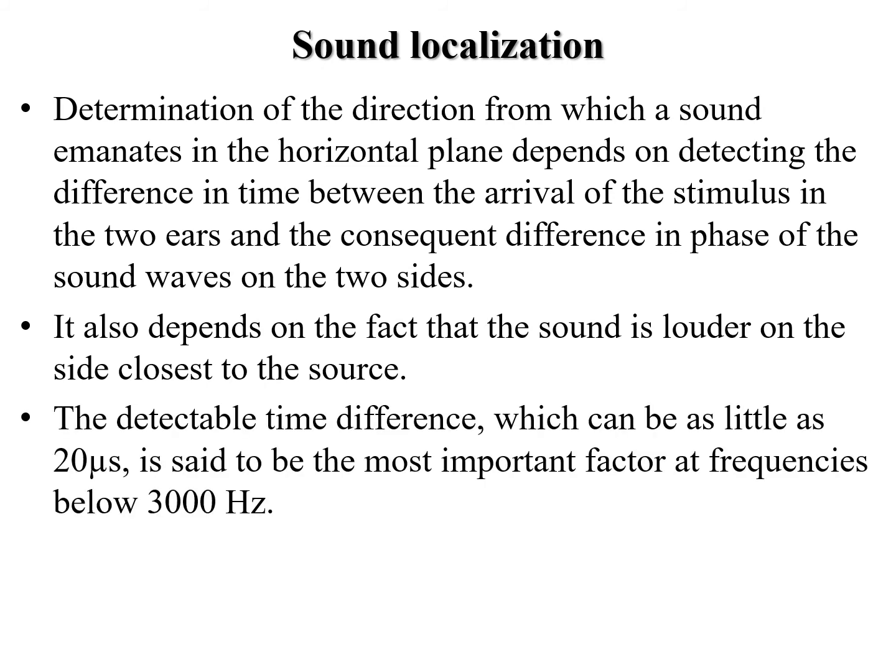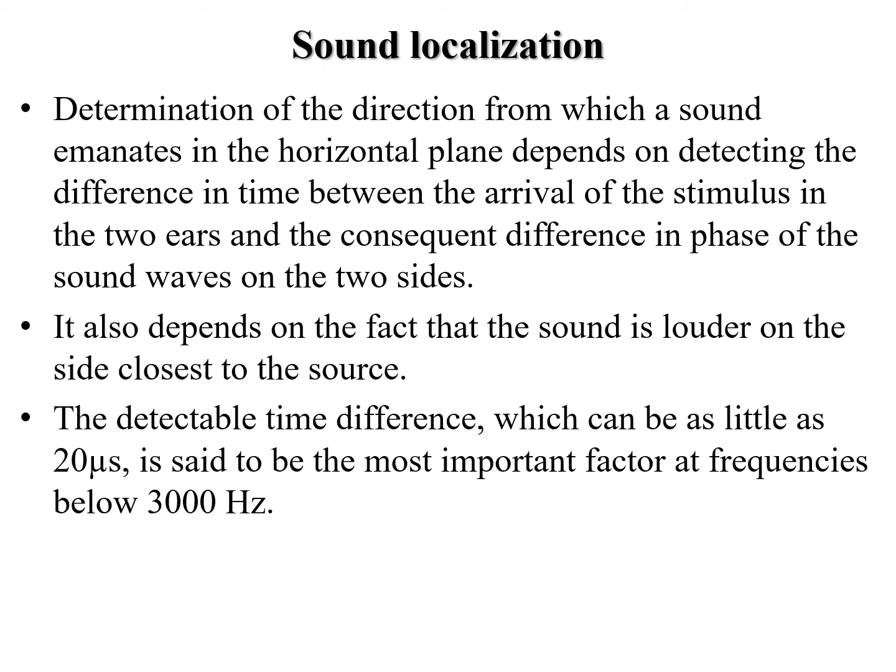It has been found that the detectable time difference, which can be as little as 20 microseconds, is said to be the most important factor at frequencies below 3000 Hz.